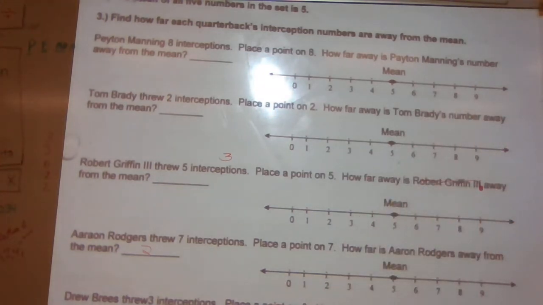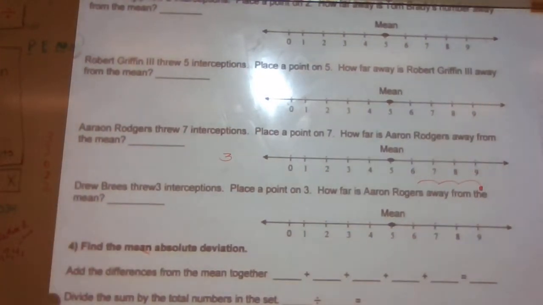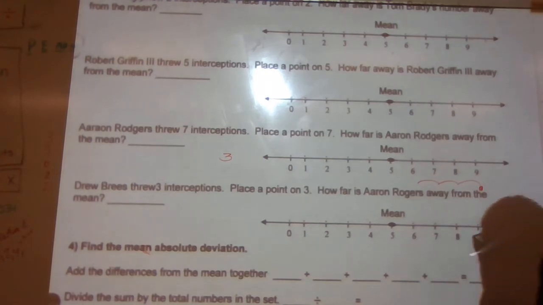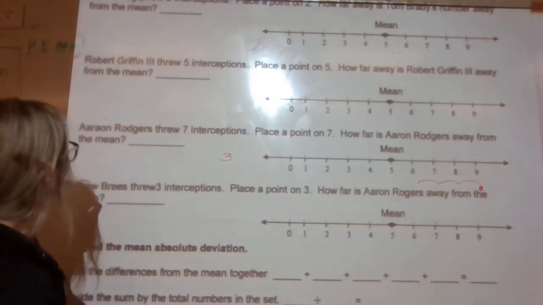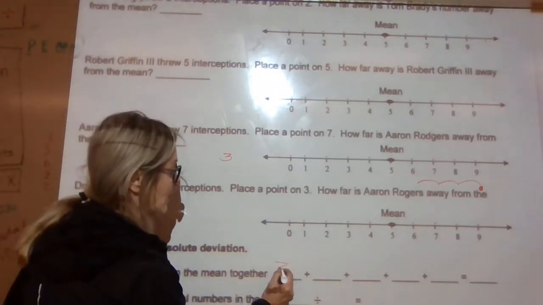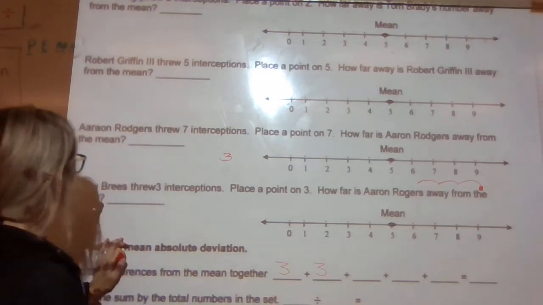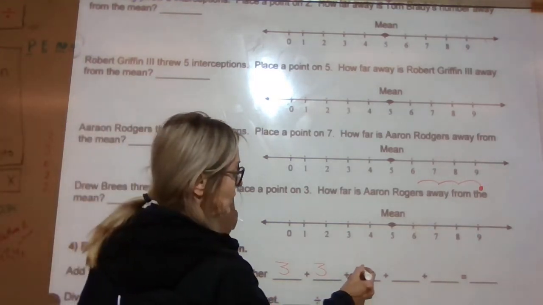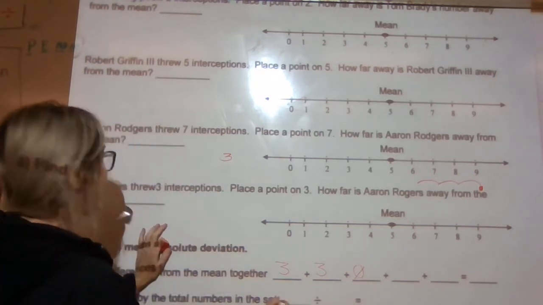So the next thing you do is you find the absolute deviation. So our first quarterback was 3 away, and our second quarterback was also 3 away. And then our third quarterback was 0 away. They were both 5.